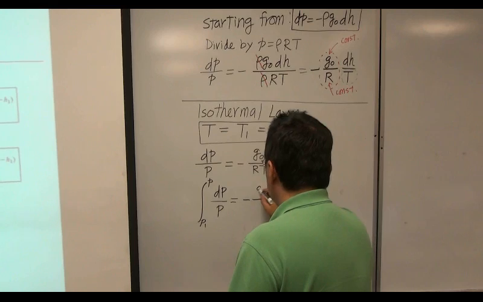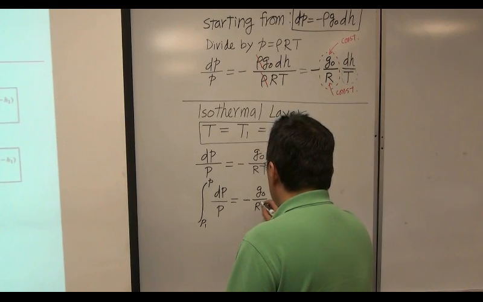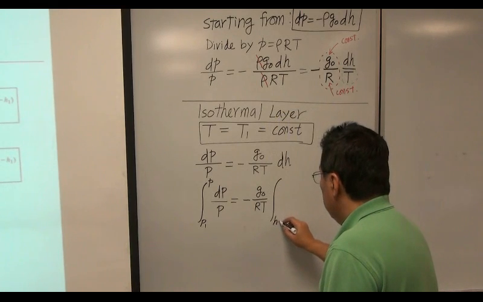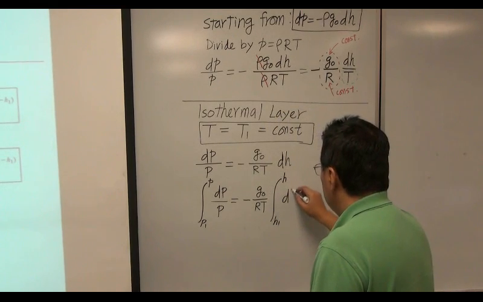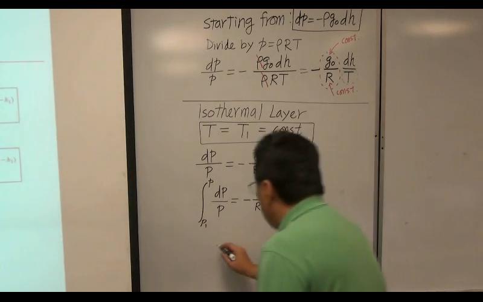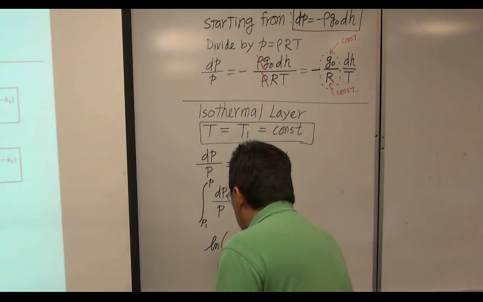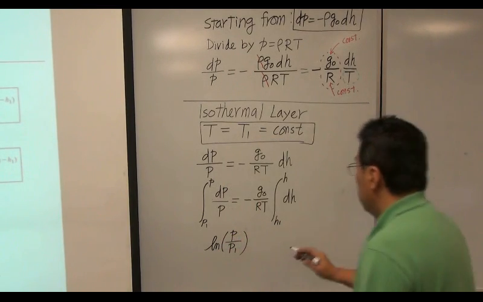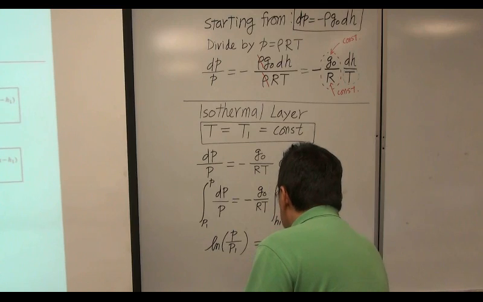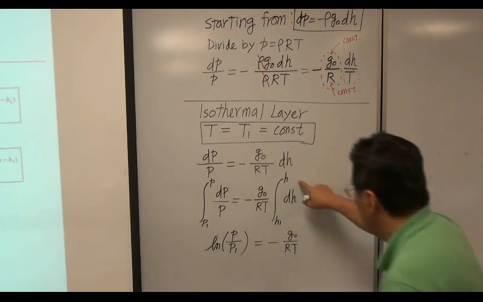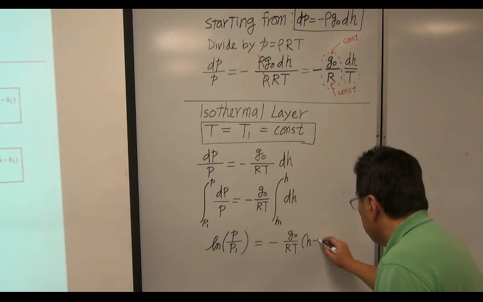So this is minus g0 over RT times the integral from altitude h1 to h of dh. Very simple integral. The left hand side is the natural log of P over P1. The right hand side is minus g0 over RT multiplied by h minus h1, right?